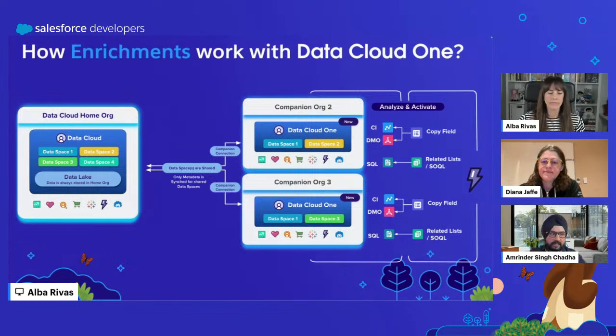So Data Cloud One, for those of you who are not familiar, in October of this year, we released the GA of Data Cloud One, and now you can use enrichments in your Salesforce org from another Data Cloud enabled Salesforce org locally, along with many other Data Cloud features supported in Data Cloud One.